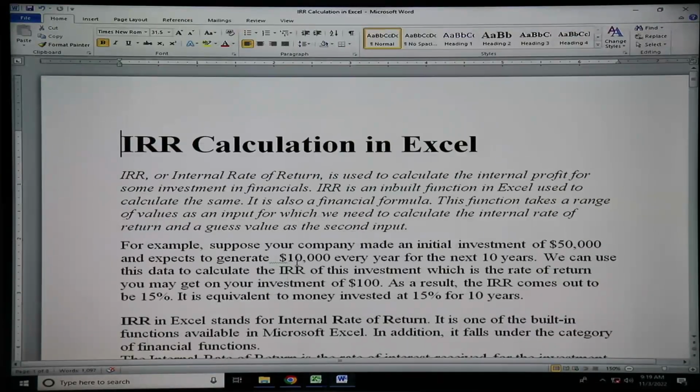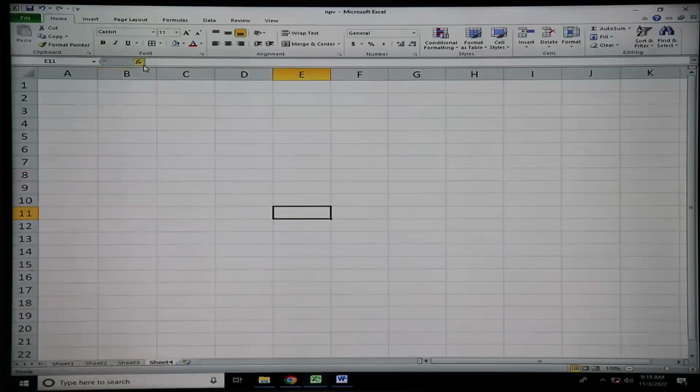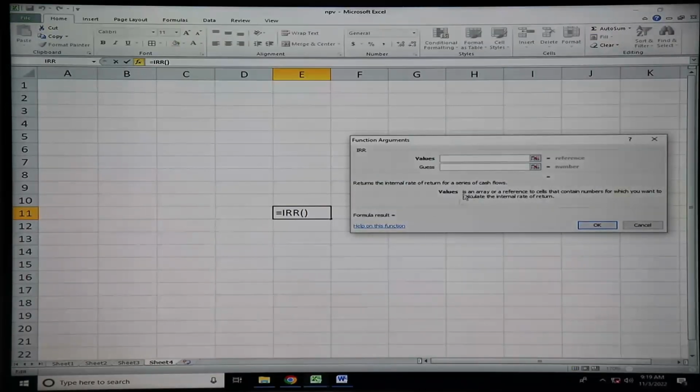So that means it is an inbuilt Excel function that you can work with, and somewhere we are going to insert it to get our values. It can also be a financial formula. This function takes a range of values as an input for which we need to calculate the internal rate of return, and a guess value as the second input. As you have seen, the minute you insert that function, its function arguments give you two values.